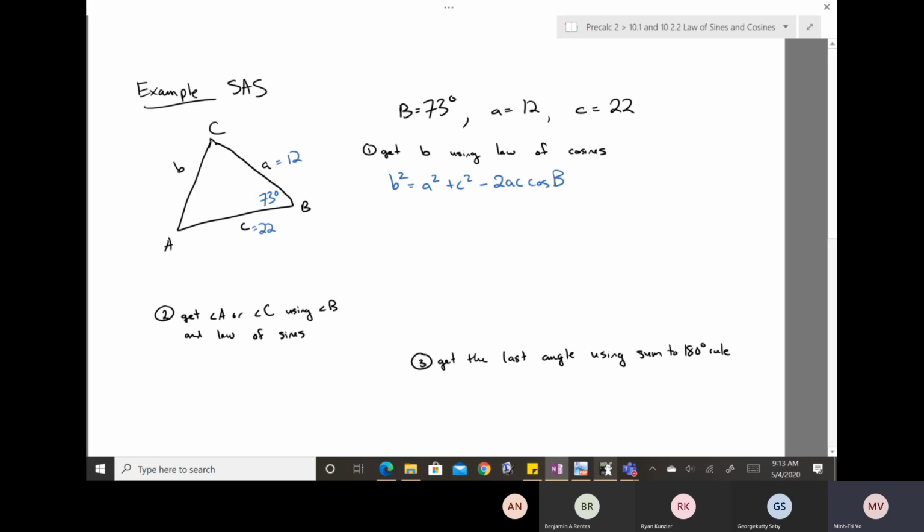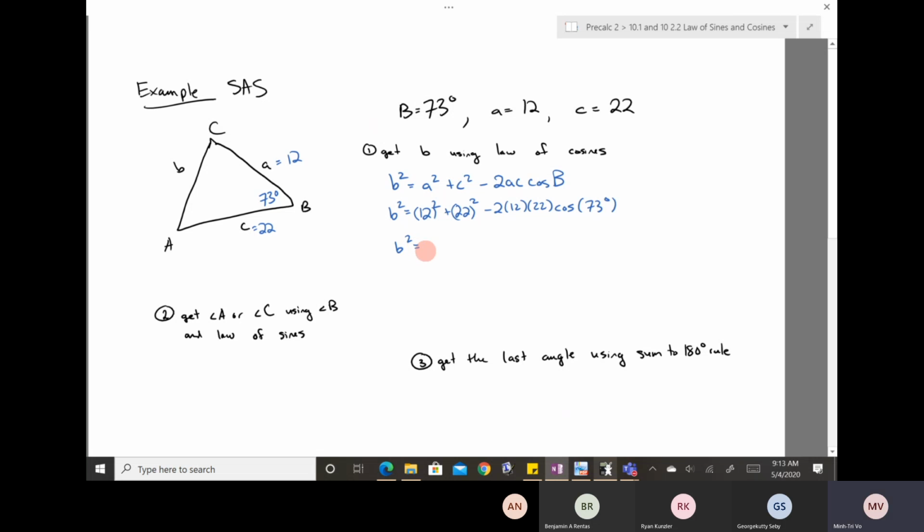Okay, so now we're just plugging in the numbers. You get B squared is equal to 12 squared plus 22 squared minus 2 times 12 times 22 times cosine of 73 degrees.